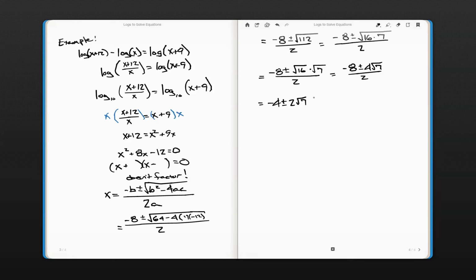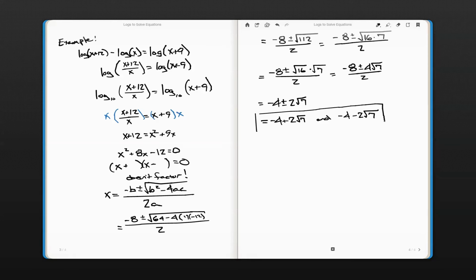Okay? Now, in Alex, this would be negative 4 plus 2 root 7 and, or comma, negative 4 minus 2 root 7, right? 2 solutions for that. And so this would be our final answer for that.